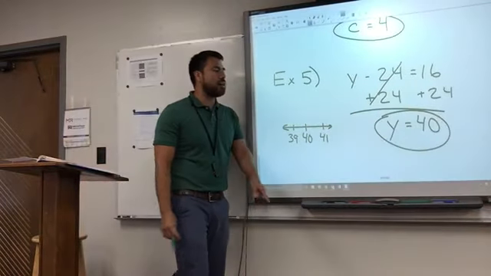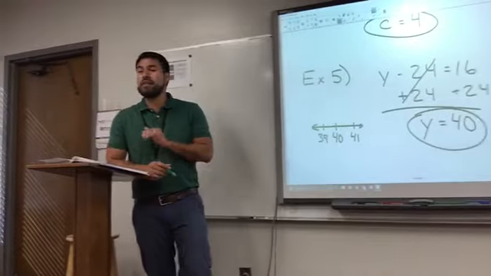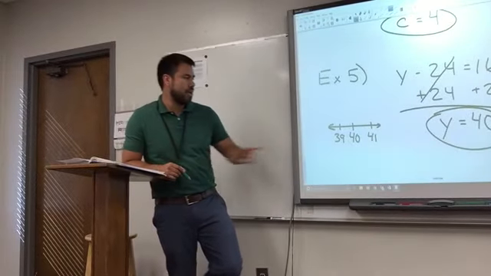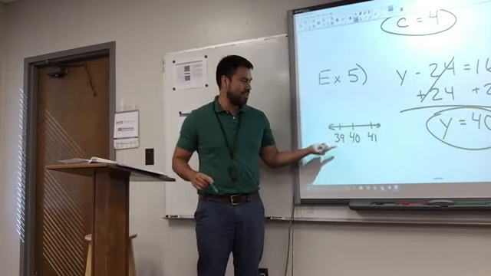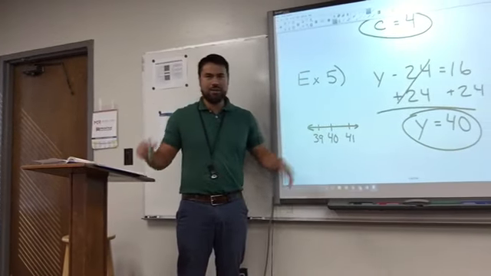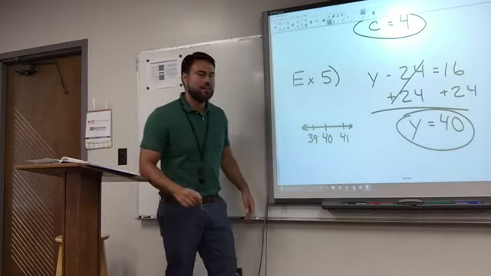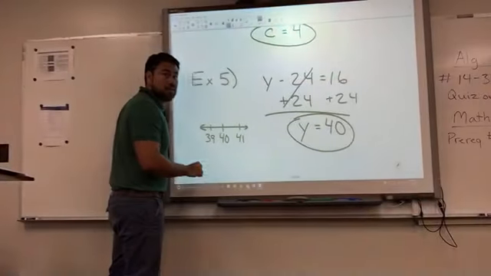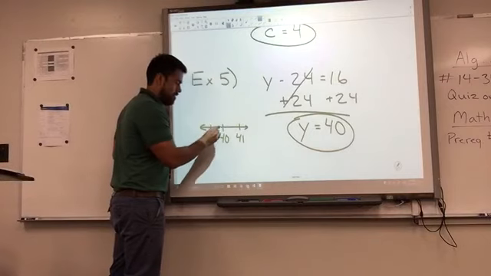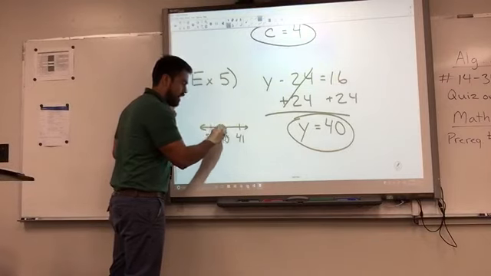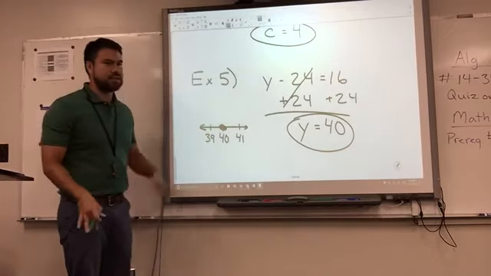But how do I show that my answer on the number line is y equals 40? This is not enough. Is it 39, 40, or 41? I don't know. You got to do this. Caroline? Put a dot on the line. Where? On the 40. Right here, you got to put a closed circle and you're done. That's all you have to do.